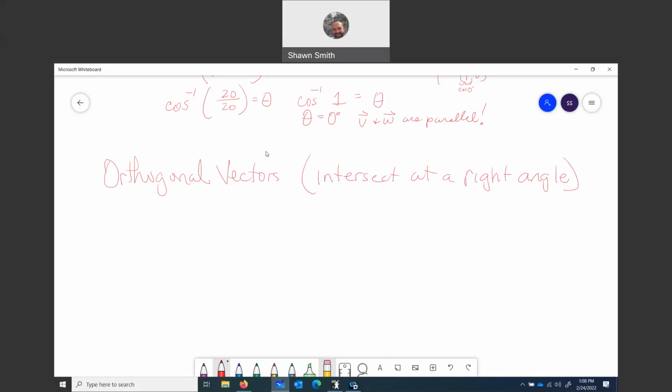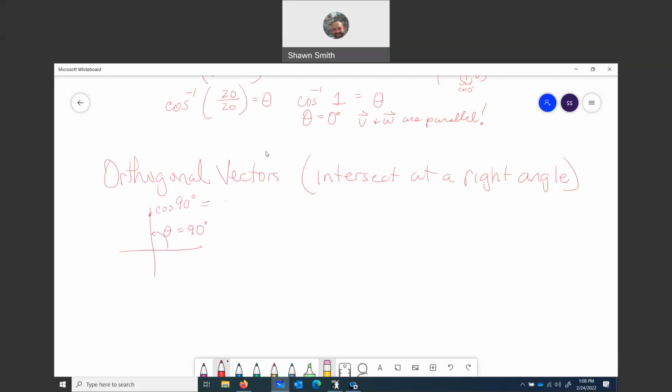This is where you find the intersection of the two vectors and the angle between them is equal to 90 degrees, right? So what is the cosine of 90 degrees?